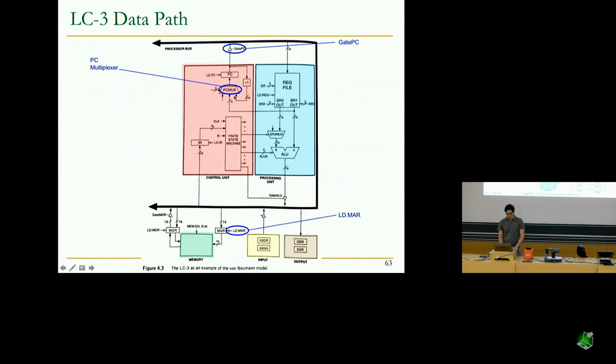By default, we will be choosing this input that is the incremented PC. You see here the +1, but for jumps, we might need to choose a different one, as we have seen in the previous slides. We also have gate MDR when we want to move the content of the MDR to the processor bus, and this LD.IR.